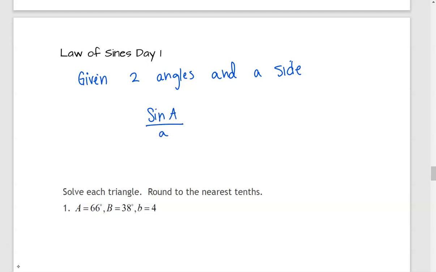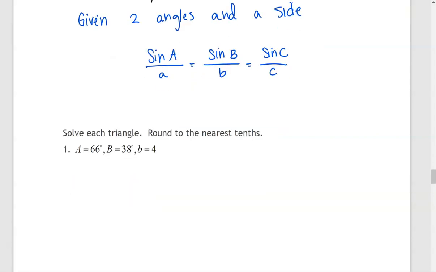So sine of capital A, which is our angle, over its opposite side is equal to sine of capital B's angle over its opposite side, which is also equal to sine of C, the third angle, over its opposite side. So we would set up two that we know and then cross multiply.